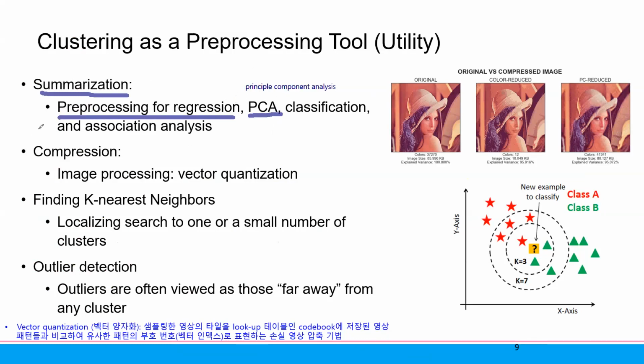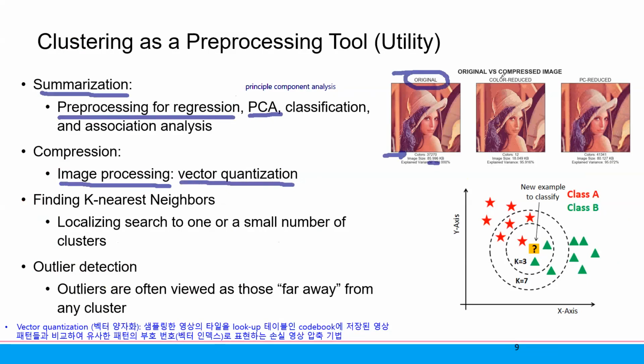We can do clustering for image pre-processing or image processing. There's a word, vector quantization. Vector quantization means, if I have, let's say, this original picture, and maybe the color is too bright and the size is too big, I would like to reduce the image size.